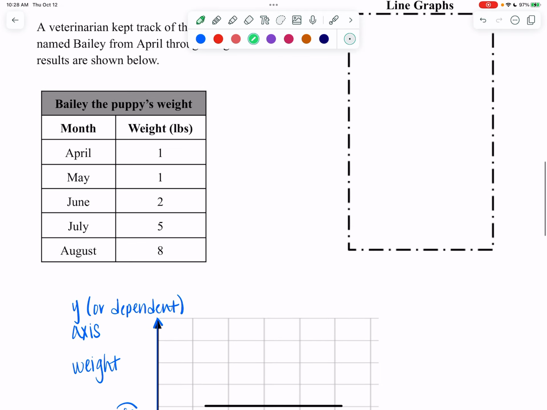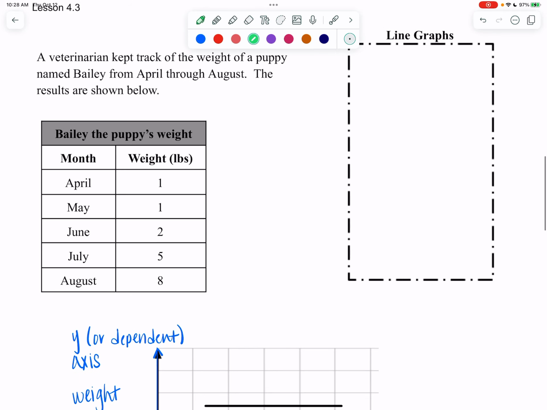If we go look at our graph, we are graphing Bailey the puppy's weight. The weight is our dependent variable because her weight depends on how old she is. And we will put the month along the independent axis.